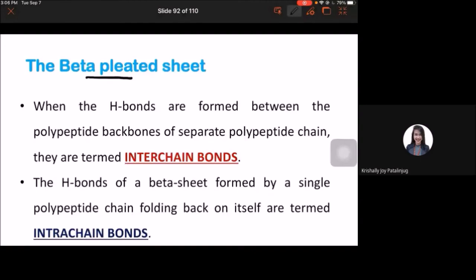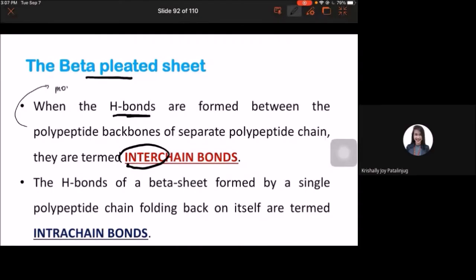Una, kapag yung hydrogen bonds ay interchain, it is expected na more than one polypeptides yung nag-participate. Okay? More than one.